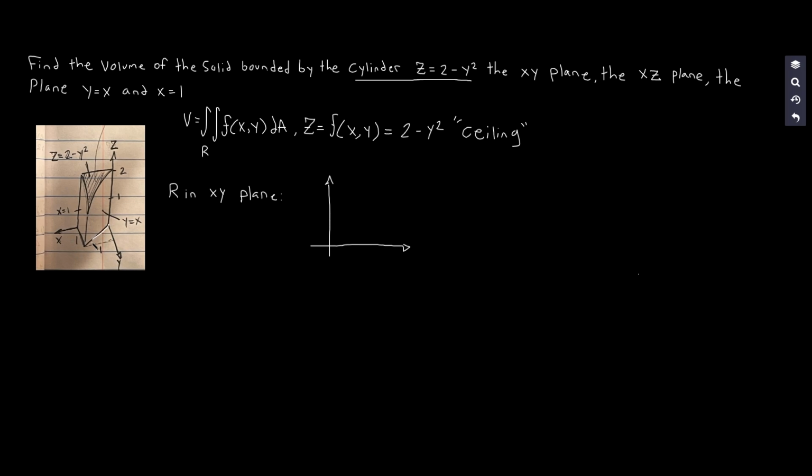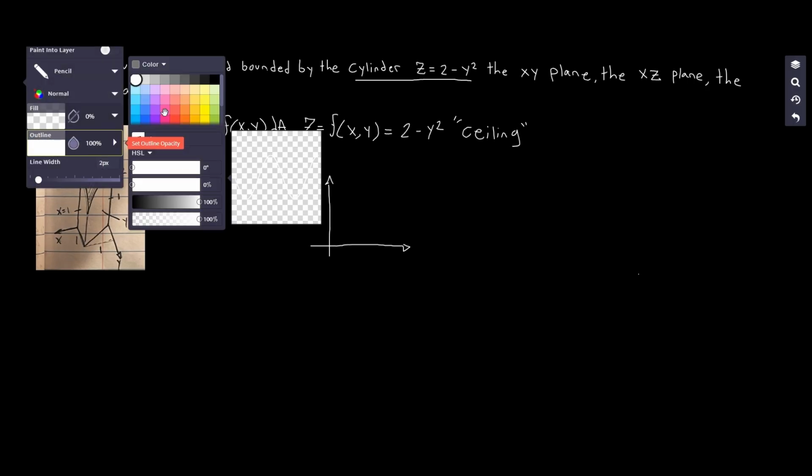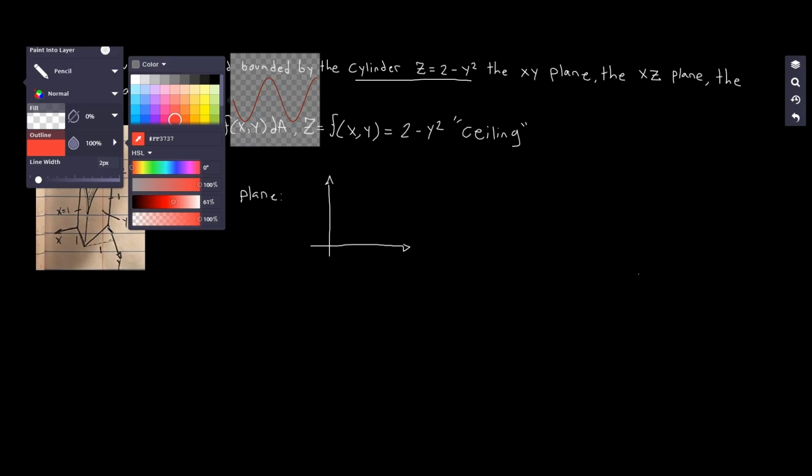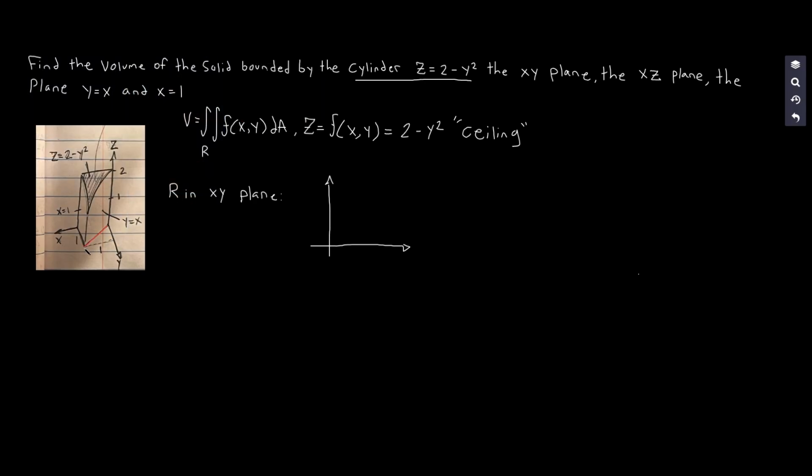So we're looking at this thing in the xy plane specifically. We can see that this thing comes out of the origin right here in a diagonal way, and that's going to be y equals x. So y equals x is coming out of the origin here, and it's coming out like this, right?